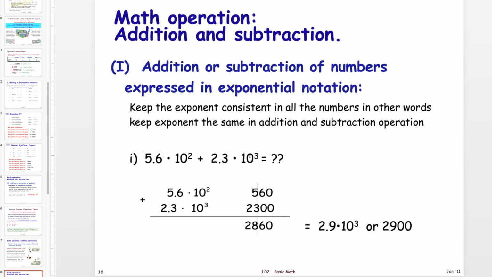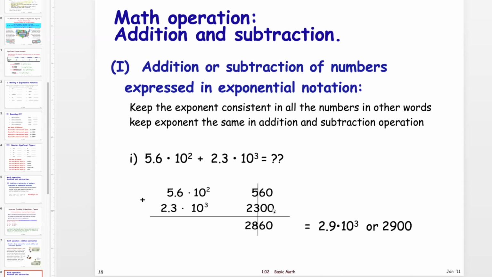If you change that to whole numbers, that's 2300. Now, what you need to do is add this up, okay? And you would write based on these values 2860. But the number with the biggest uncertainty, that is the least precise, okay, happens to be, in this particular case, 2.3 times 10 to the third. Why is that the least precise?